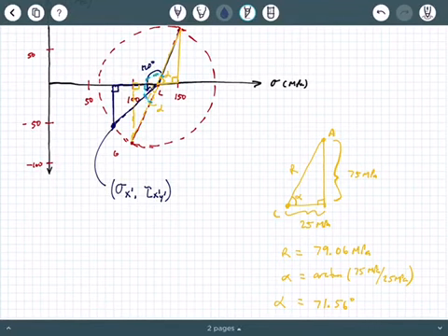So what do we need to do? Well, we can use some angle manipulations and maybe get this interior angle right here. So the question is, how do we get that interior angle? Okay, so here's what I would do. You know that this full angle right here is 180.